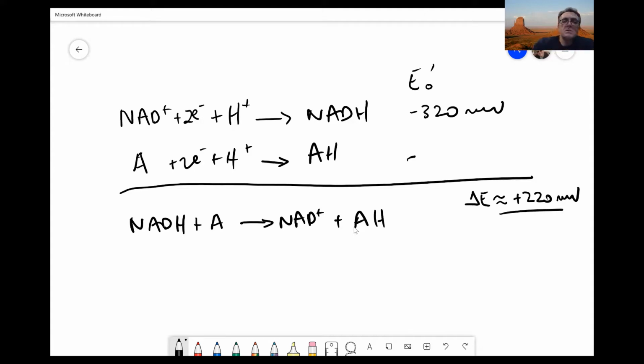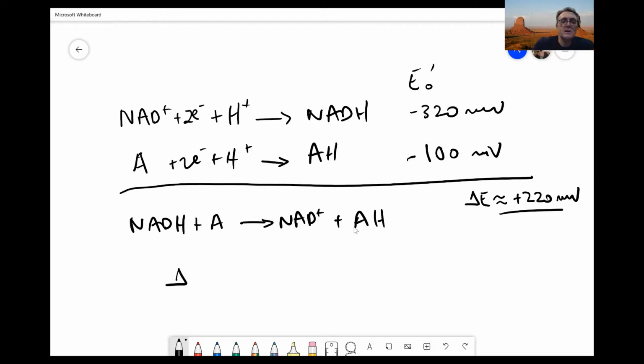That means that for some electron transport to happen in a meaningful way, so it can be coupled to ATP, this acceptor has to have an E value of no lower than minus 100 millivolts. Why?